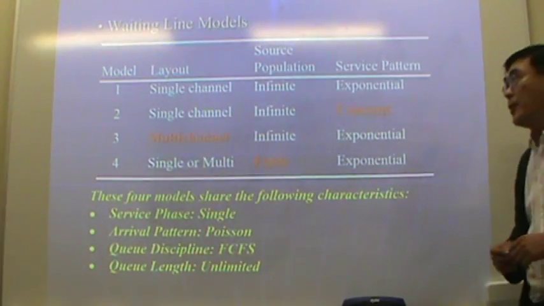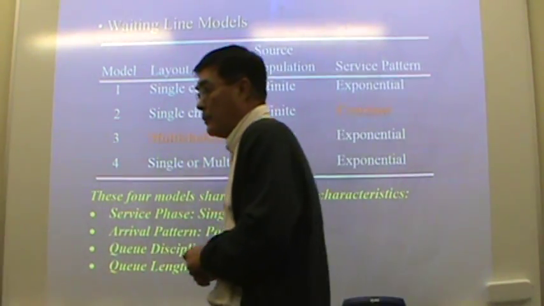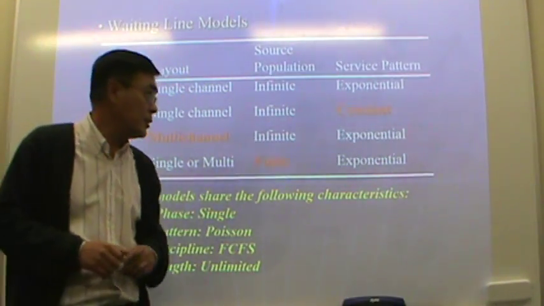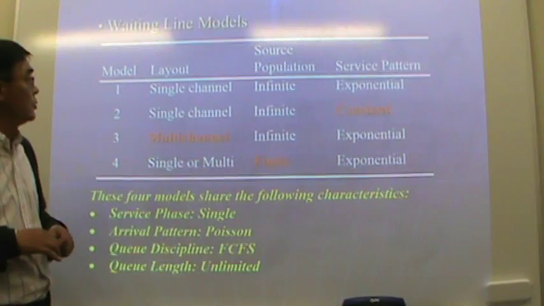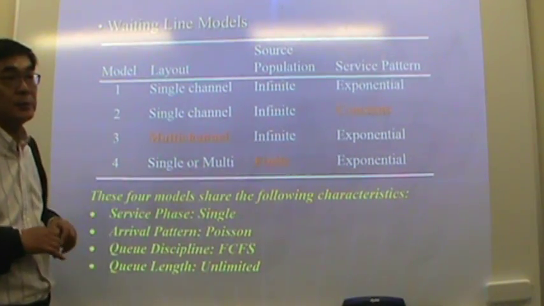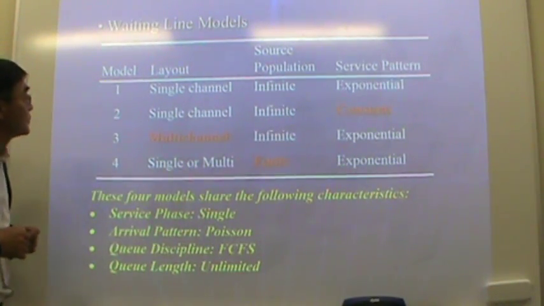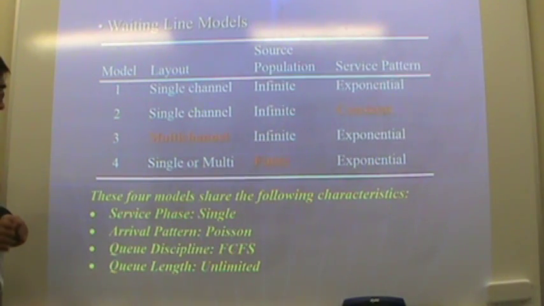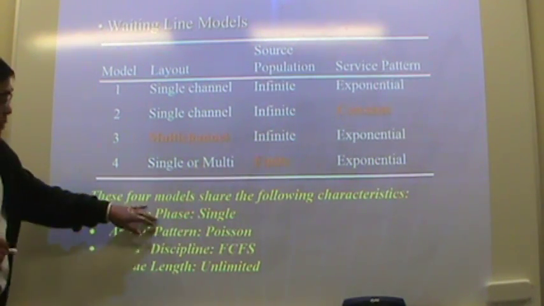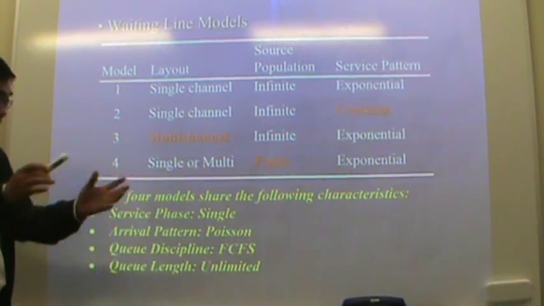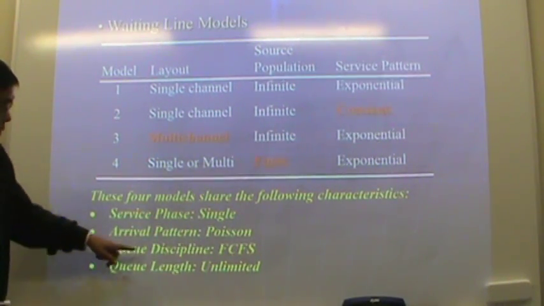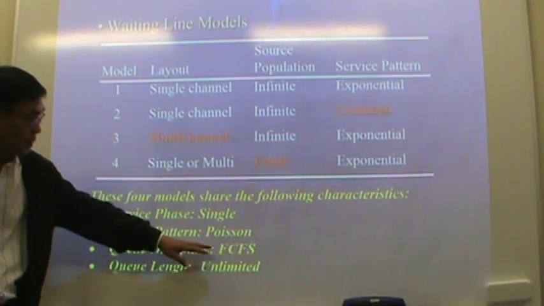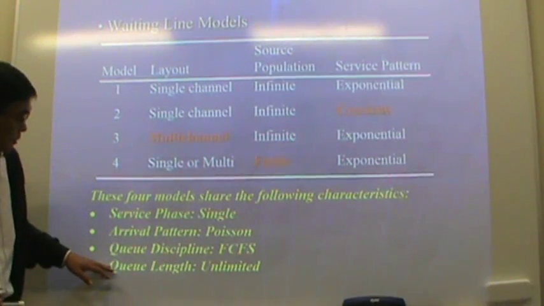Okay, there are many models, more than 4, but our textbook introduced 4 basic queuing models. Other factors: service pattern single, arrival pattern is Poisson, and queue discipline first come first serve.